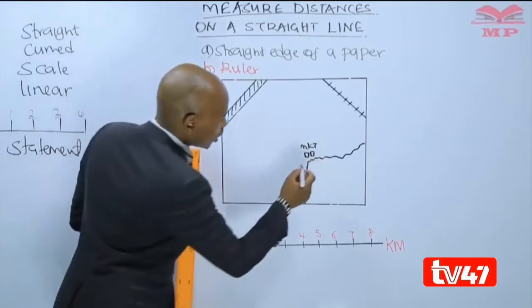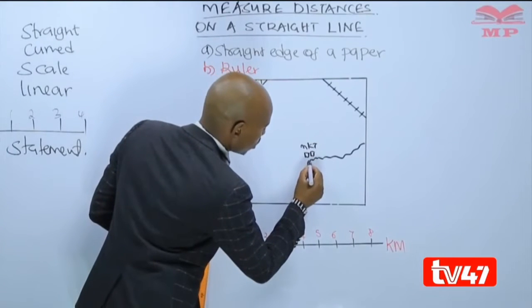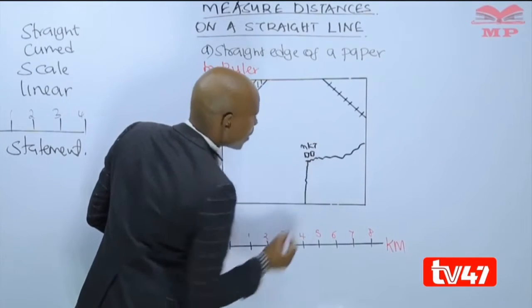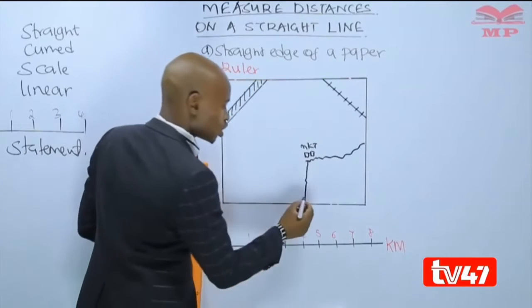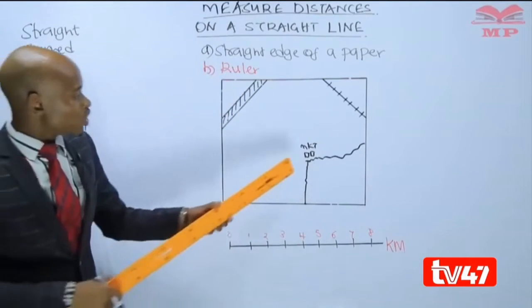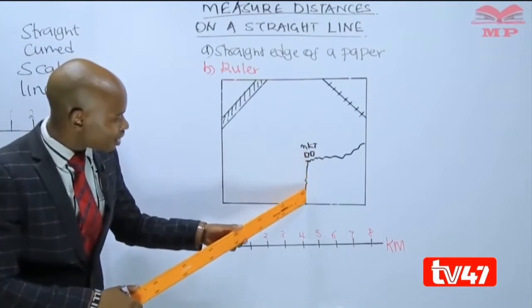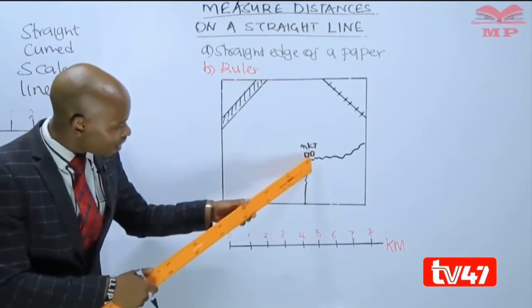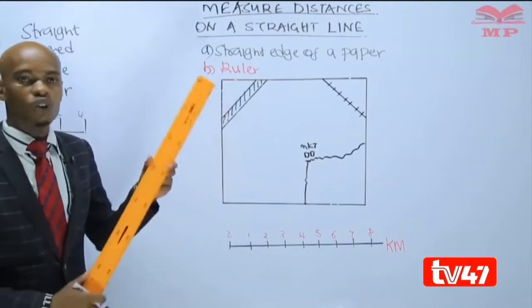Then they ask you to get the measurement of the river from the market junction to the southern part of the map. So this one is a straight distance of that river. So how do you measure?